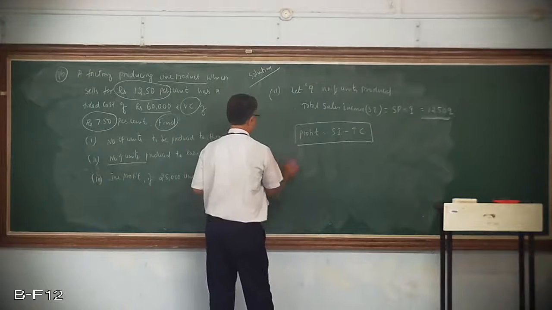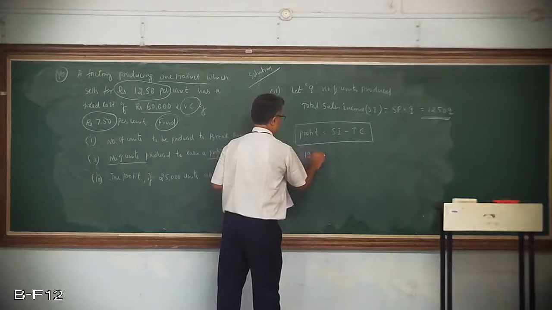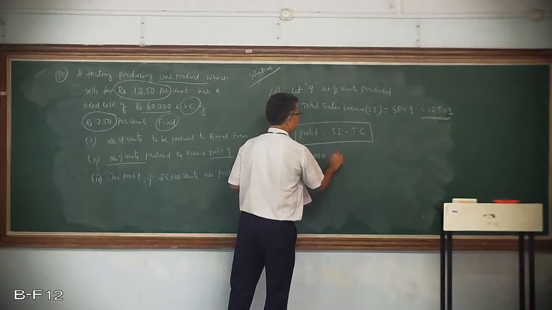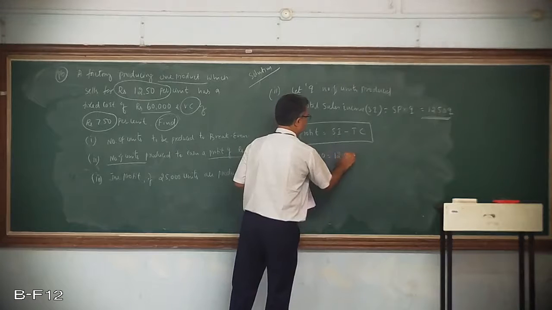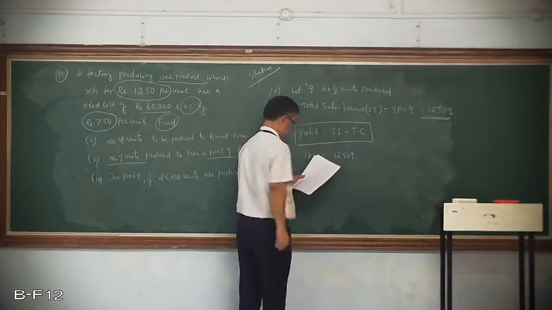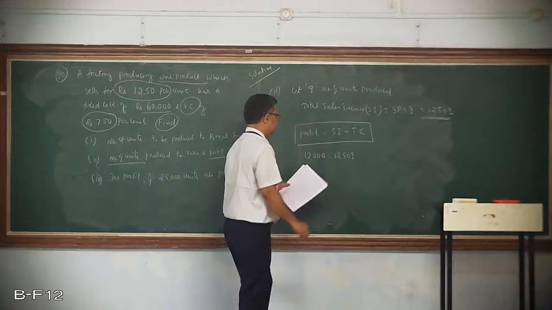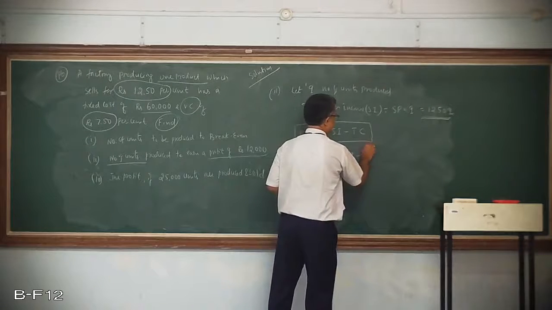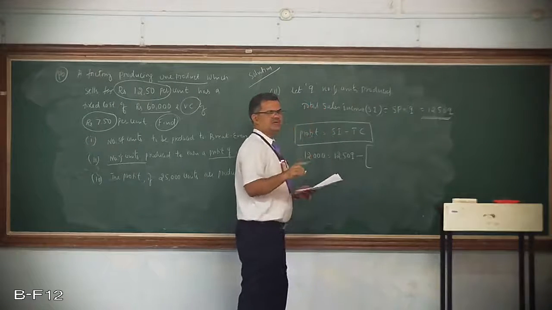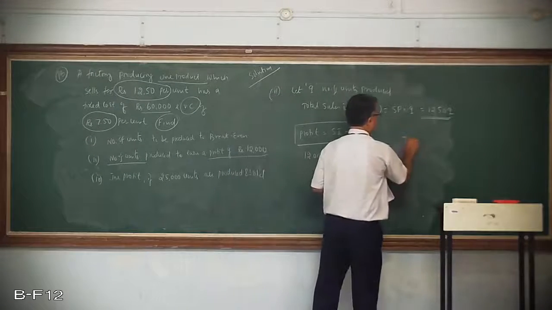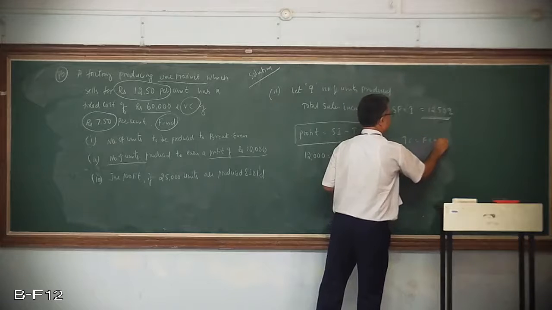So profit is given, that is 12,000, and sales income is 12.50 Q, minus total cost. Total cost is equal to fixed cost plus variable cost. You know this formula.